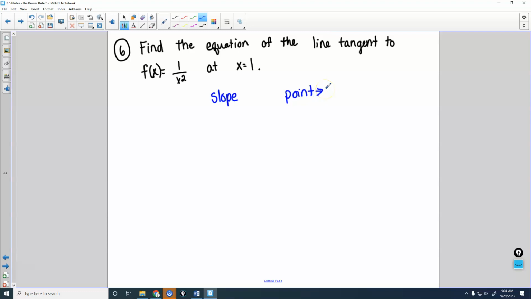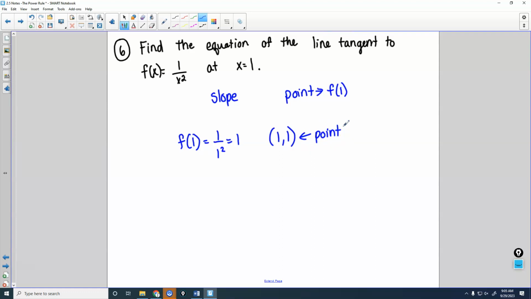What do I have to do to find the point? Plug in 1 to the original. So to f of x, we're looking for f of 1. So if I do f of 1 here, it's going to be 1 over 1 squared, which is 1. Okay? That tells me that (1, 1) is my point for my line. It's my point of tangency.